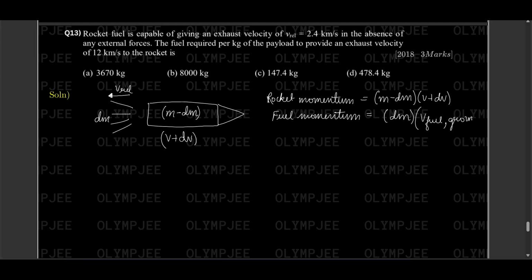We cannot write this equation in the ground frame and this one in the relative frame. So we need to find the velocity of the fuel in the ground frame. And we know that v_rel, the velocity of the fuel with respect to the rocket, is given as the velocity of the fuel with respect to the ground minus the velocity of the rocket with respect to the ground. This formula we know.